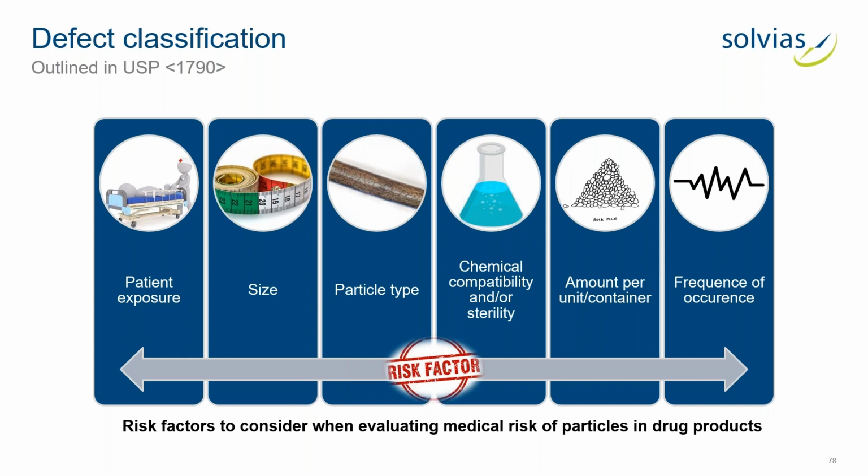You need some sort of classification. So this classification is done, for example, depending on potential patient exposure, or it can be the size of the particles, the particle type, the chemical compatibility or sterility, the amount per unit or container, and the frequency of occurrence, of course.